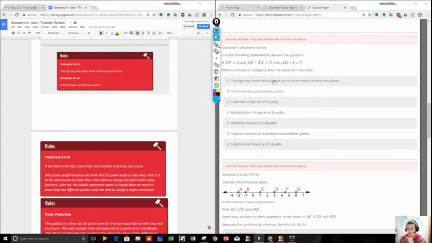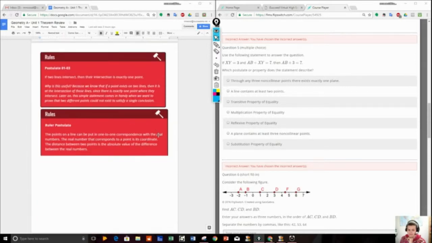Through any three non-collinear points, there exists exactly one plane. A line contains at least 2 points. Transitive property of equality, multiplication property of equality, reflexive property of equality, a plane contains at least 3 non-collinear points, or the substitution property of equality.